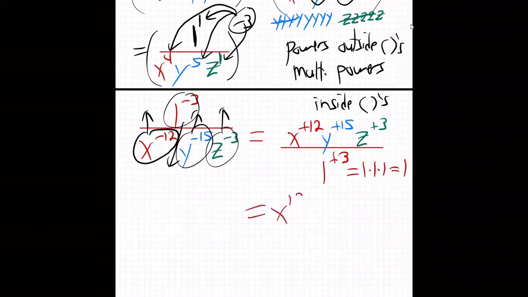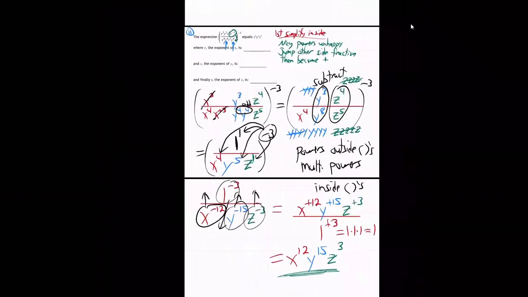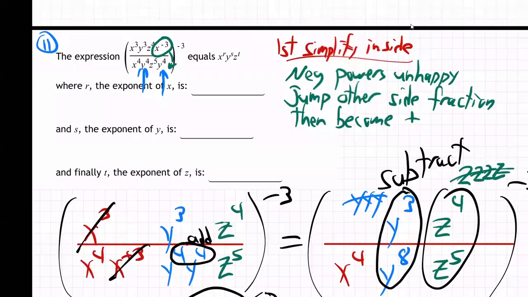So long story short, this is x to the 12, y to the 15, z to the 3rd. No need to keep the fraction anymore. We don't need the 1 on the bottom. Ignore it. There we go. We answered it. Now, what does that mean about what they want me to type in here? Well, if you go back to the original question, they're saying, give me the exponent, the power for x, the exponent for y, the power for z. They want the exponent for x, y, and z.